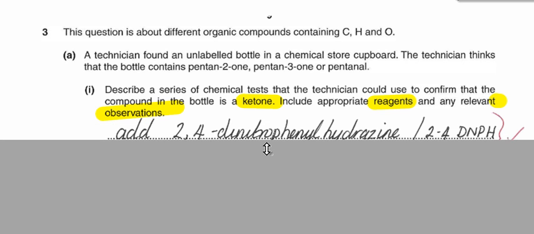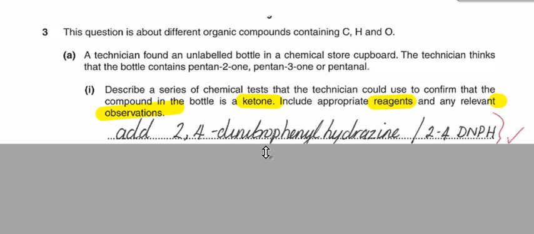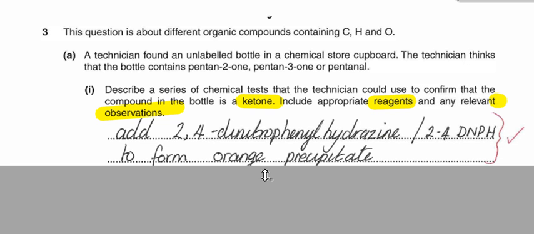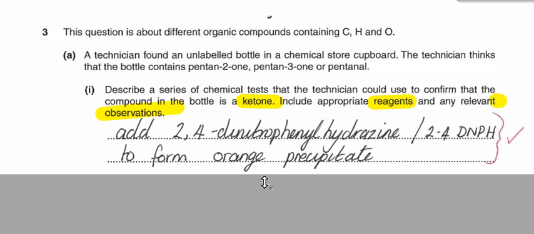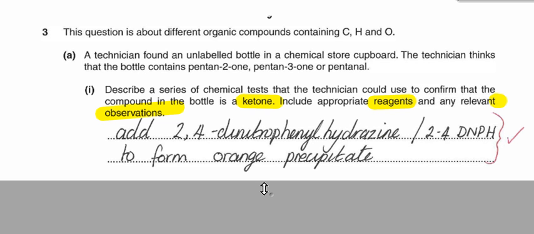Here we've got add 2,4-dinitrophenylhydrazine, 2,4-DNPH, either is fine. That will give your orange precipitate or your orange crystals, and that's for your 1 mark. Then you can say, well, that tells me I've got a carbonyl, but I'm not sure whether it's an aldehyde or a ketone.